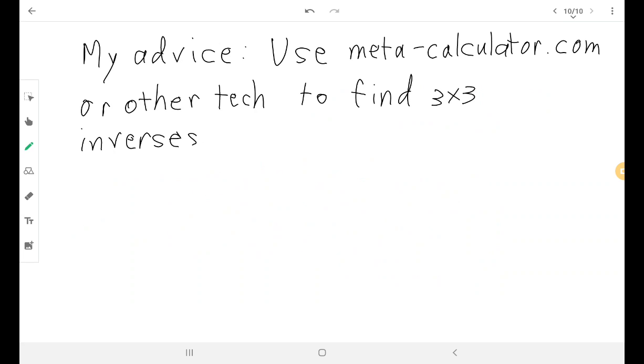One last piece of advice. If they ask you to find inverses of 3x3 matrices, use MetaCalculator or their matrix calculator. Some technology. It's not impossible, and it's actually a similar process, except more involved. But honestly, matrices are part of the foundation of computer programming.